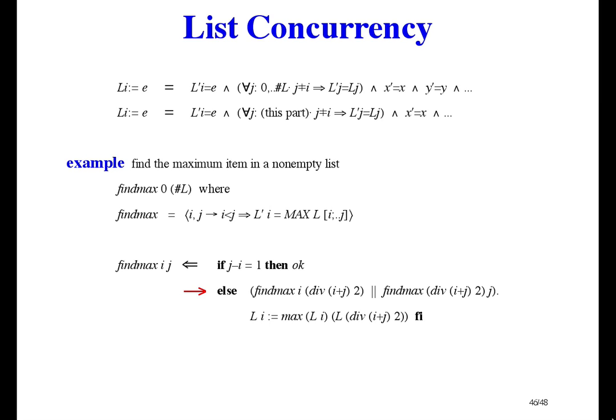And we can split it into 2 non-empty halves and find the maximum of each half in parallel, and put those 2 maximums at the left end of each half. Now we want the maximum of the whole segment, so we take the max of the 2 items and put it in the left end. And we're done.